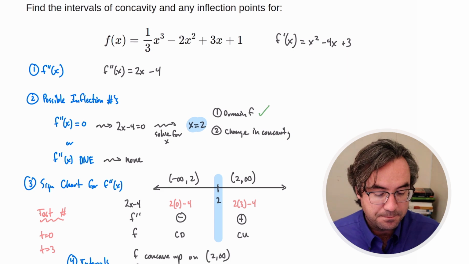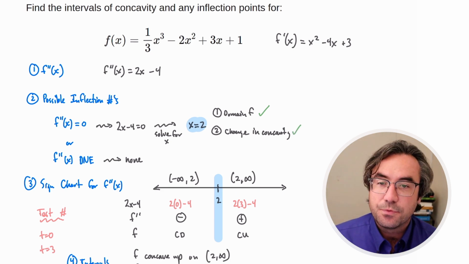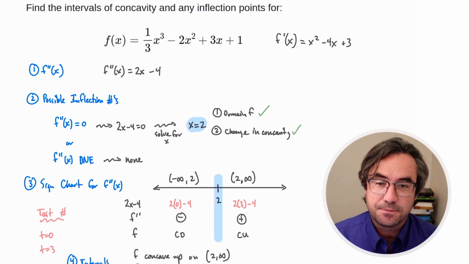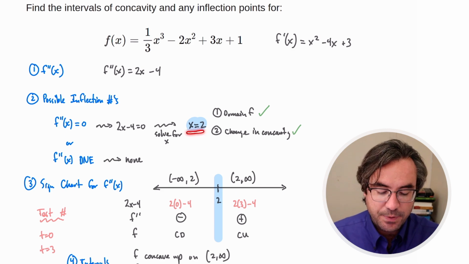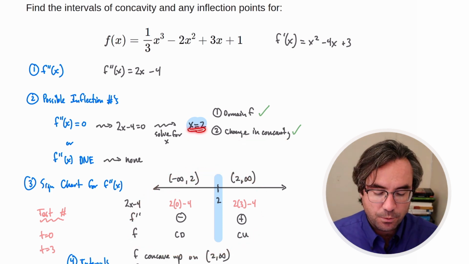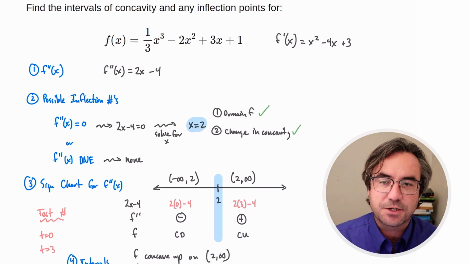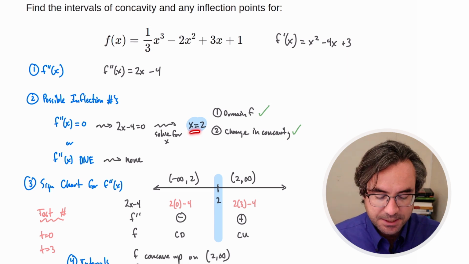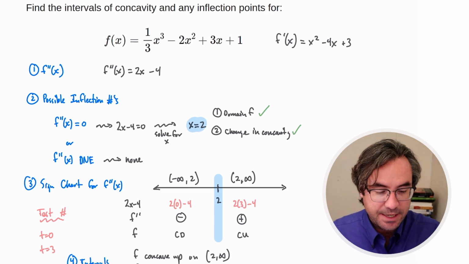So, yeah, check. There is a change in concavity there. We wouldn't be able to figure this part out until we actually do this sign chart. So we wouldn't know right away if this definitely is going to be an inflection point. So x equals 2 actually is an inflection number.